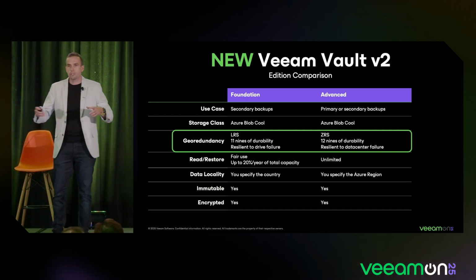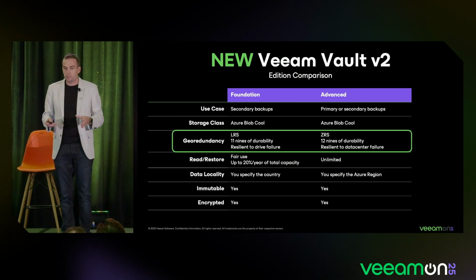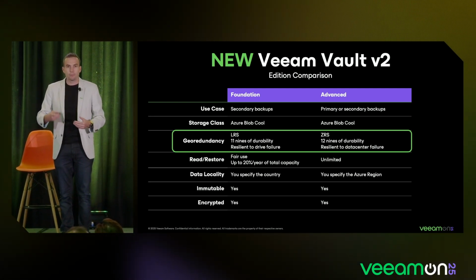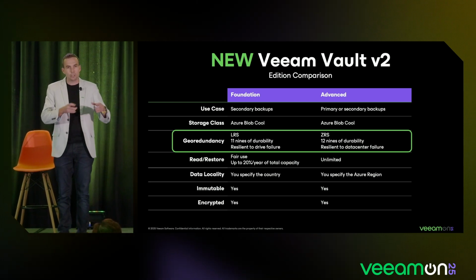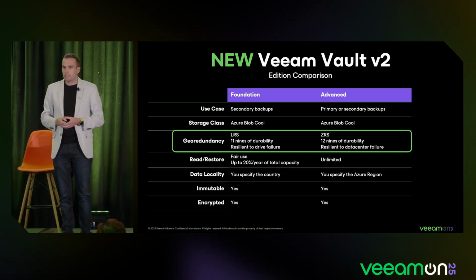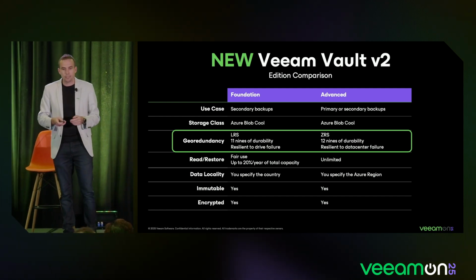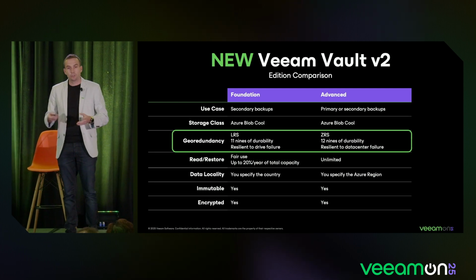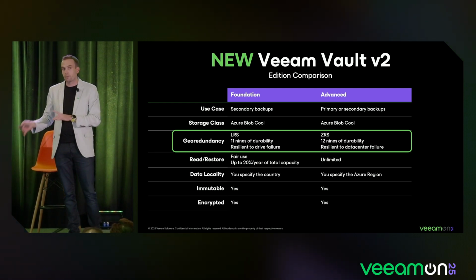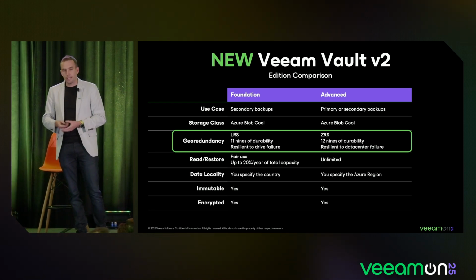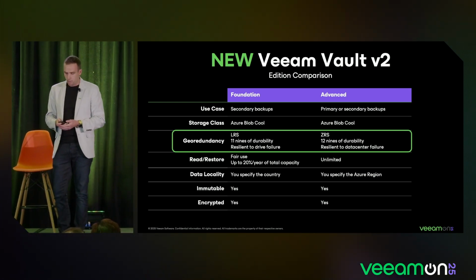So Azure could lose an entire data center within that zone, and you would still have data available to be serviced. But if you've chosen Foundation and they did lose a facility, then there's going to be some data loss. So there are some subtle differences in terms of where this data is placed, and also where these editions are available, because not all regions where Vault is enabled around the world actually have ZRS. We've got a world map in a couple of slides which will highlight that.